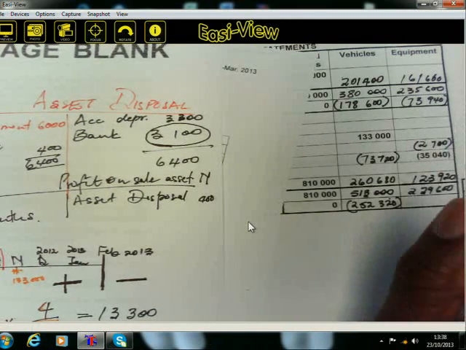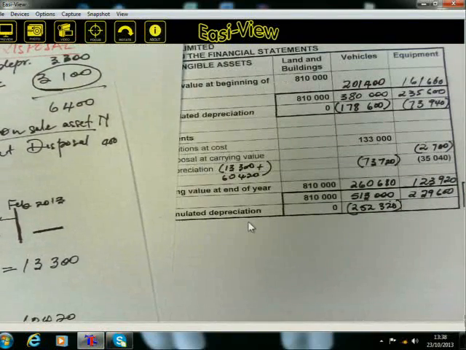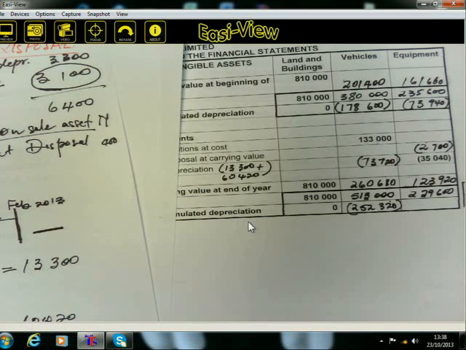Then we have the accumulated depreciation.